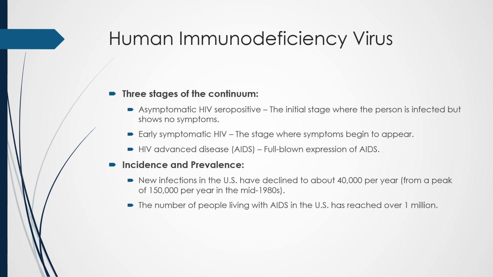High-risk groups include injection drug users, sex workers, and men who have sex with men. There's an 8% increase in HIV cases among men who have sex with men. Racial and ethnic minorities are disproportionately affected.